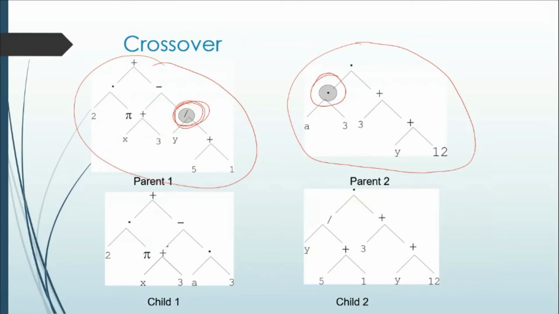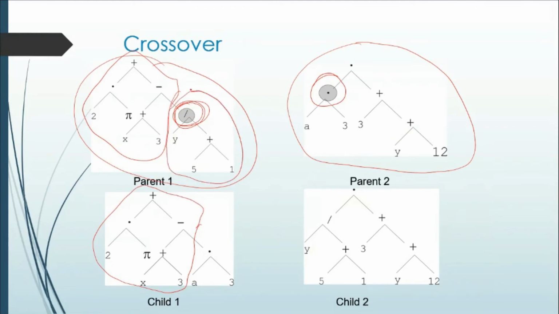So x plus 3 plus minus, this entire part remains the same. See here, this entire part remains the same. What is replaced is this part. This part is replaced with this part.